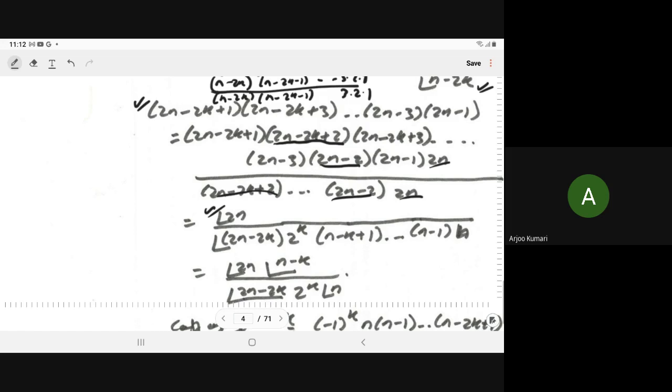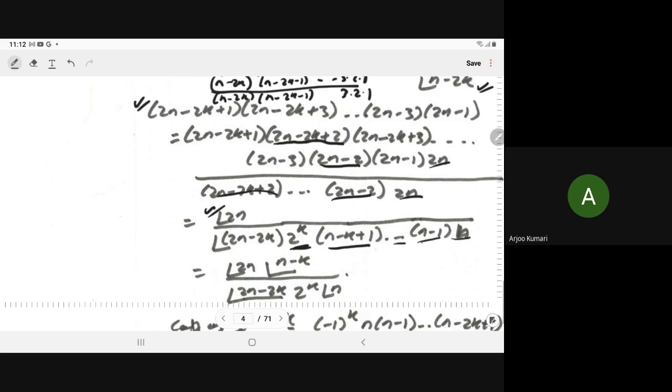From all, if you take the 2 common, when we take the 2 common, here we have 2 to the power k, and the remaining one will be (n-k+1)...(n-1) and n.